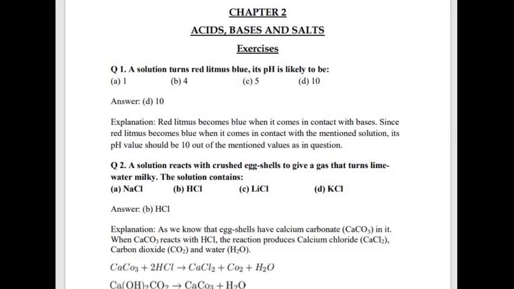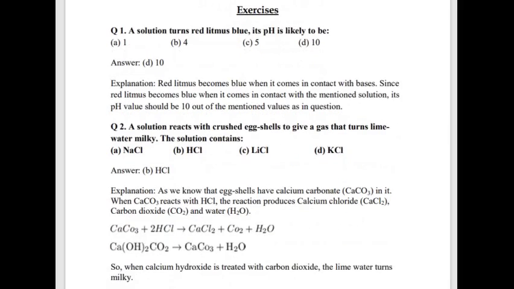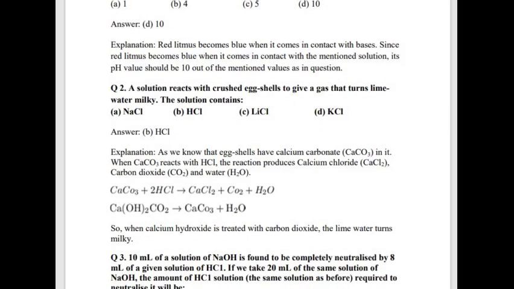Now coming to the next question, which is a solution reacts with crushed eggshells to give a gas which turns lime water milky. The solution contains option A NaCl, option B HCl, option C LiCl, option D KCl.